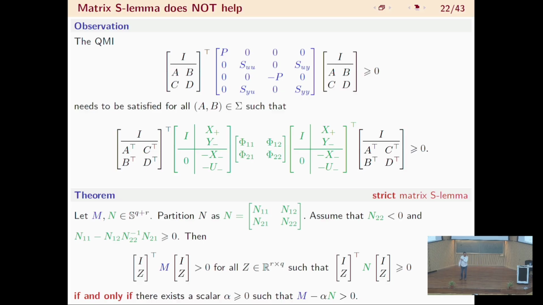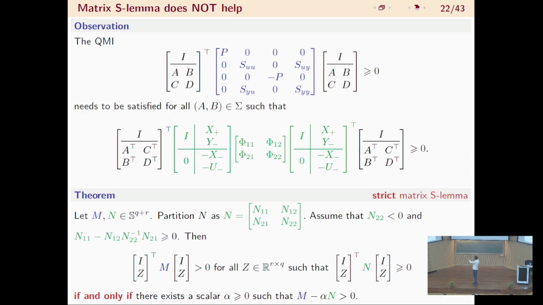we have seen only the strict matrix S lemma. Right? Hank, can you tell me if we haven't seen the non-strict version? No? So this is not strict, as you see. I cannot directly apply the strict matrix S lemma. So I need to do two things to begin with.